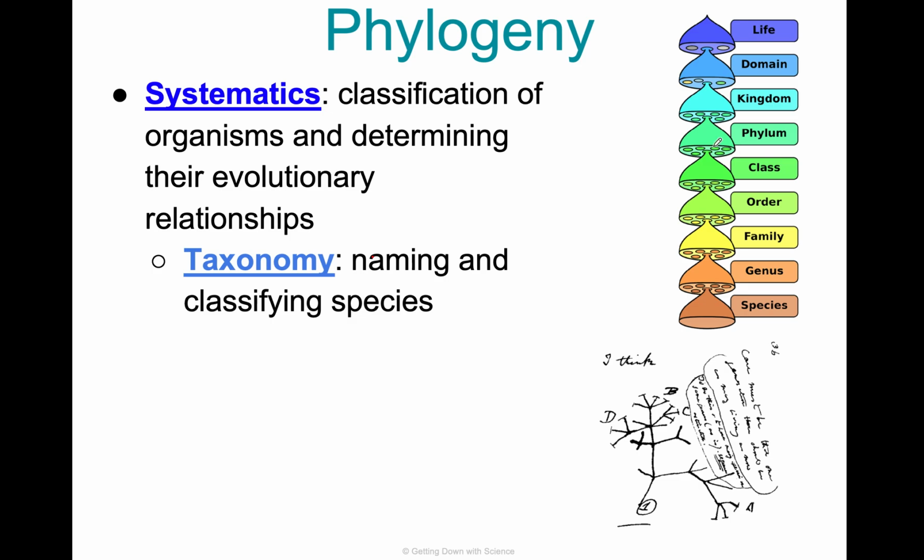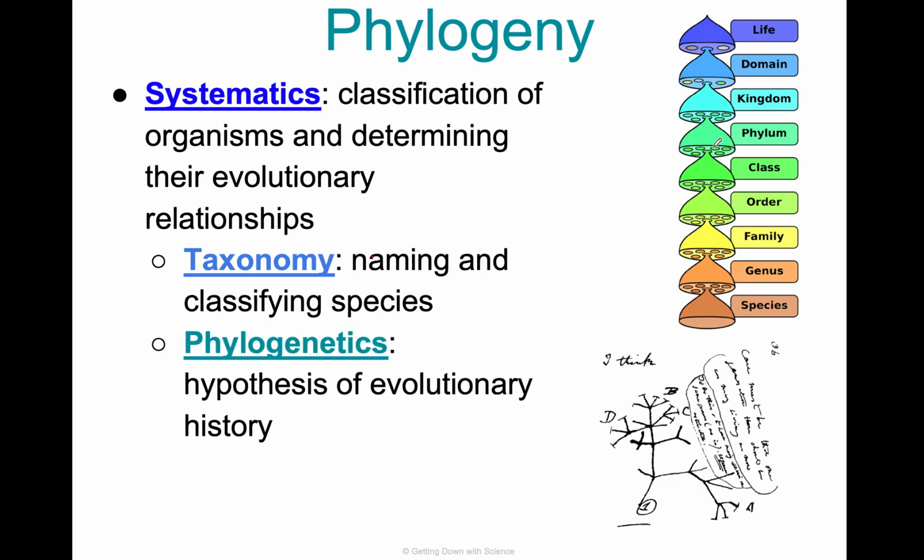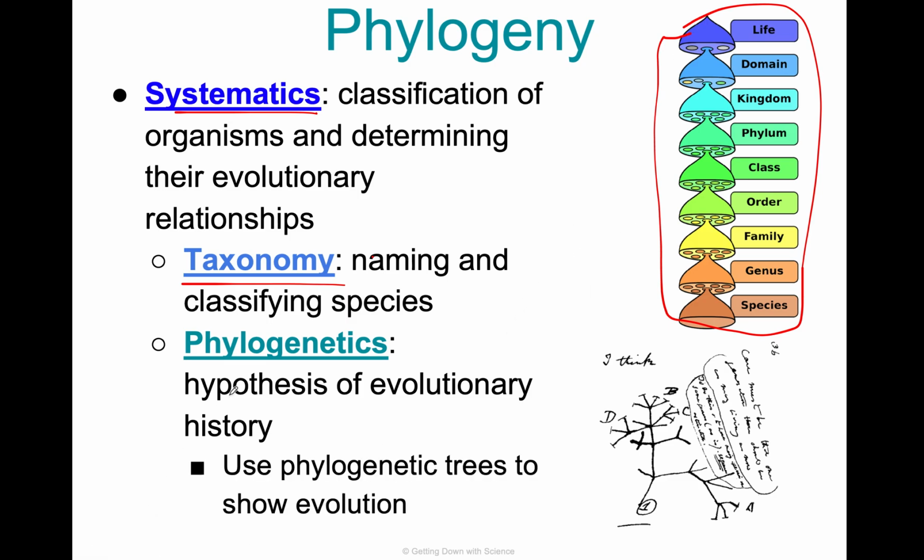Taxonomy is naming and classifying of species, and phylogenetics is a hypothesis of evolutionary history. Essentially it's doing this whole process of taxonomically and systematically being able to classify life into these categories based on genetics. It uses phylogenetic trees to show evolution.